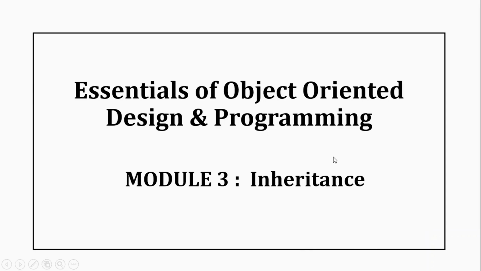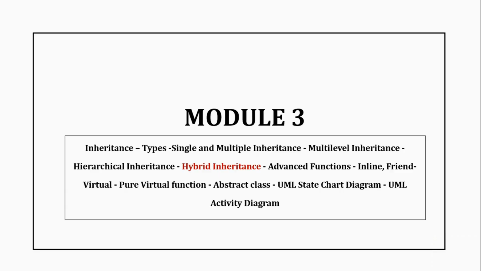Hi everyone, welcome back to the course Essentials of Object-Oriented Design and Programming. We are in the module Inheritance in C++. Last session we discussed hierarchical inheritance with example code, and in this session we'll be discussing hybrid inheritance in C++.